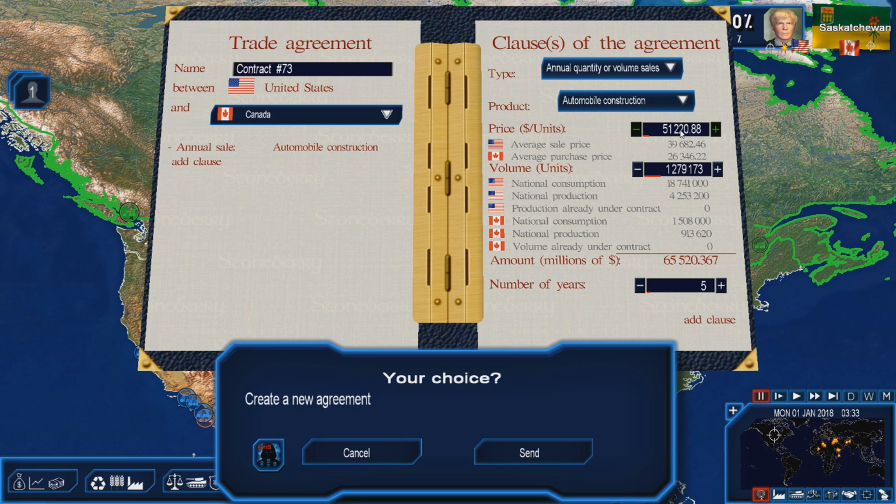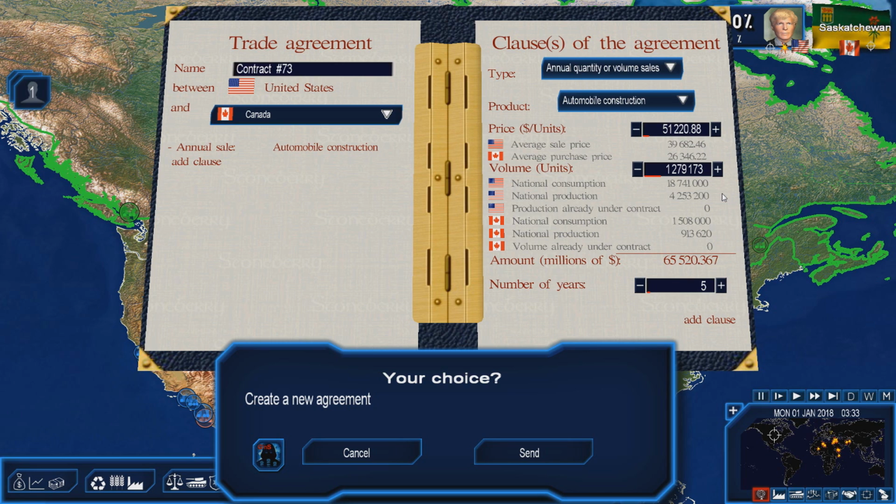But as the United States, you're never going to find a country that has a higher sale price than you. That's the unfortunate thing about playing in the United States. You're never really going to get a good contract with any other country. However, playing something such as Saudi Arabia, Iran, a country that actually has the production of those things, it's very easy to make a good contract, because basically what you're trying to get is the profits to be higher than that.